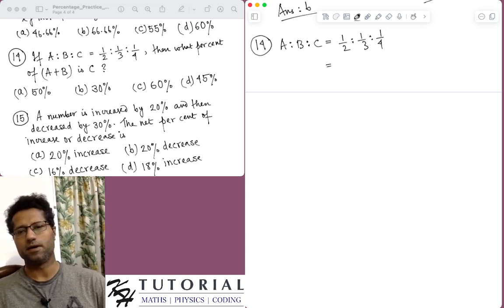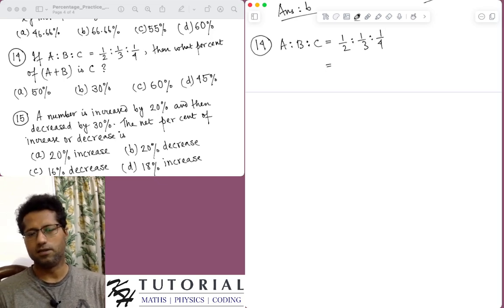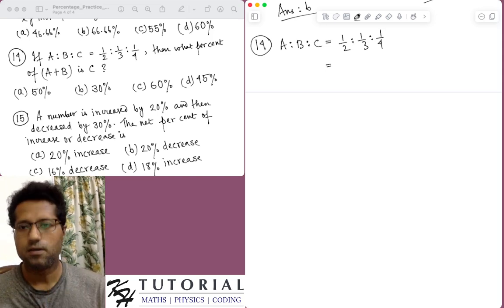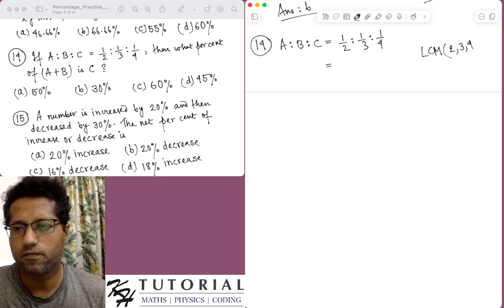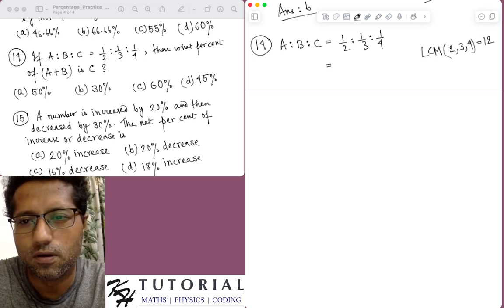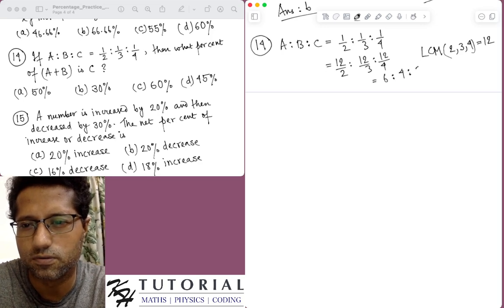We multiply all the terms by the LCM of the denominators 2, 3 and 4. The LCM of 2, 3, 4 is 12. We multiply all the terms with 12: 12 by 2, 12 by 3, 12 by 4. This equals 6 is to 4 is to 3.